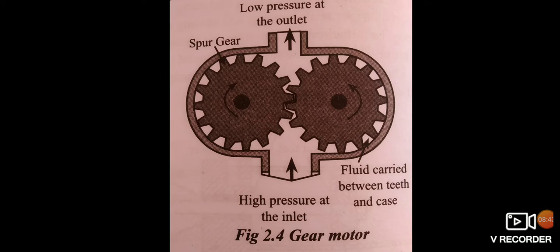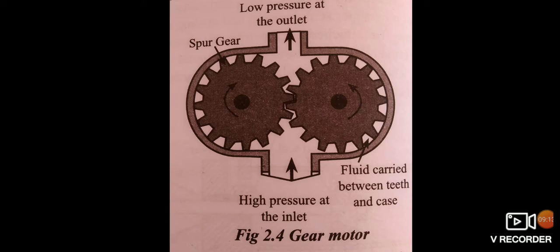Now, in the sketch, you can see a gear motor. Most gear motors are bidirectional. Reversing the direction of flow can reverse the direction of rotation. As in the case of gear pumps, volumetric displacement is fixed. Due to high pressure at the inlet and low pressure at the outlet, a large side load on the shaft and the bearing is produced.